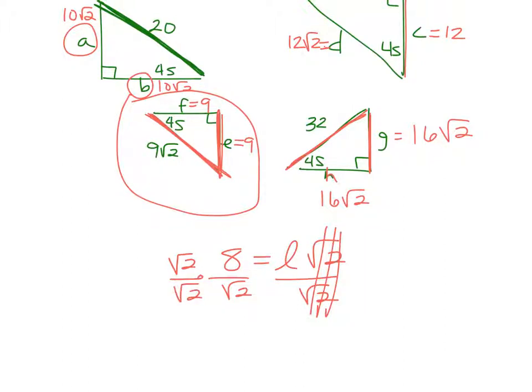If people don't remember that shortcut and they would rather just solve it for the variable, they can always do that. So 8 rad 2 on top. Rad 2 times rad 2 is 2. And that 8 and 2 reduces to 4. So you would get 4 rad 2. Okay? So if you want to solve it out, that's how you would solve it. Any questions on that?